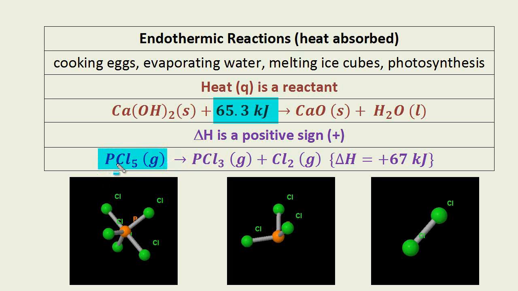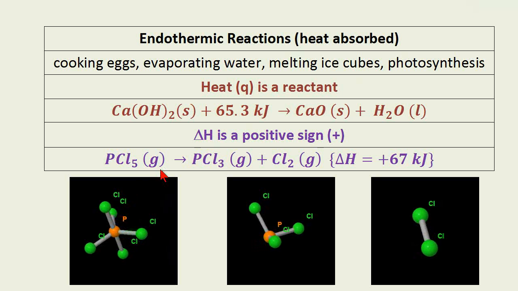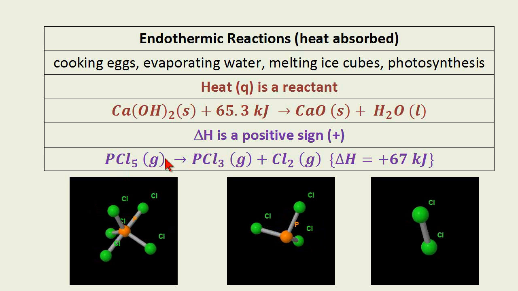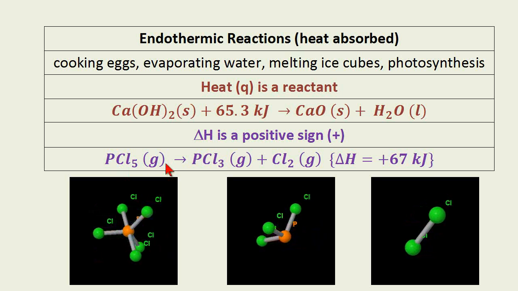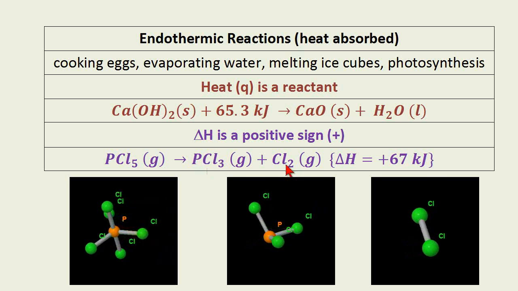And we see that this molecule, which is simply phosphorus pentachloride, has heat added to the reaction to decompose into these two simpler molecules. So there we are again. Phosphorus pentachloride plus heat yields phosphorus trichloride and then chlorine gas.